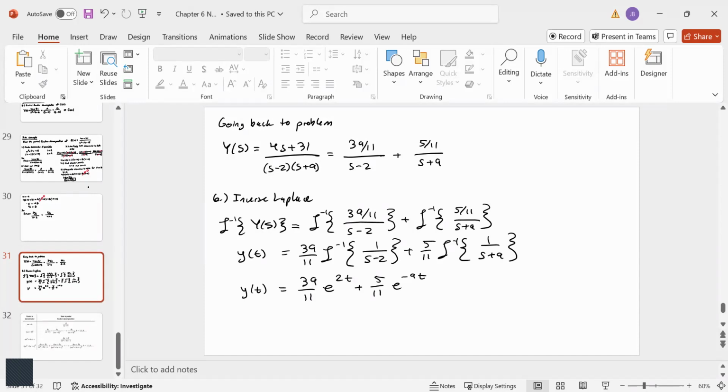Like I said earlier, when we did the auxiliary equation, we got this. We didn't have C1 and C2, but we had 2t and -9t. The advantage of the Laplace, though, is it does do the coefficients for you. Whether that's worth the trade-off of doing partial fraction decomposition is kind of a personal question, but it did work, and we got the solution.